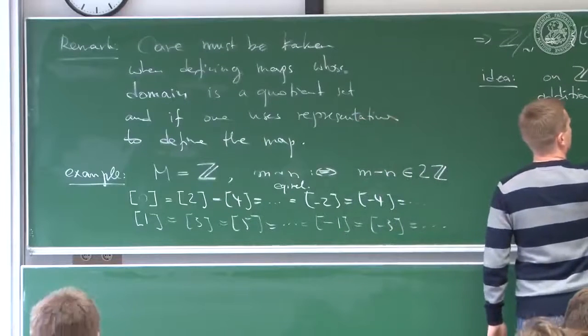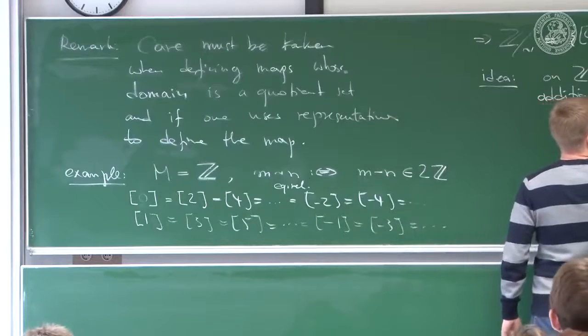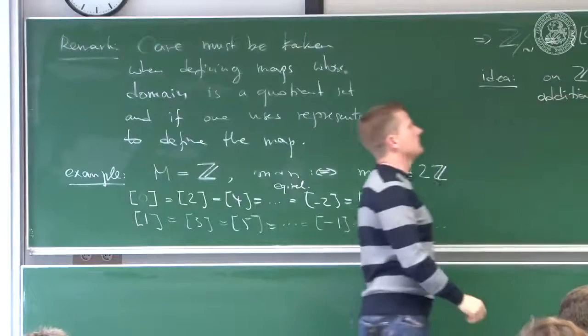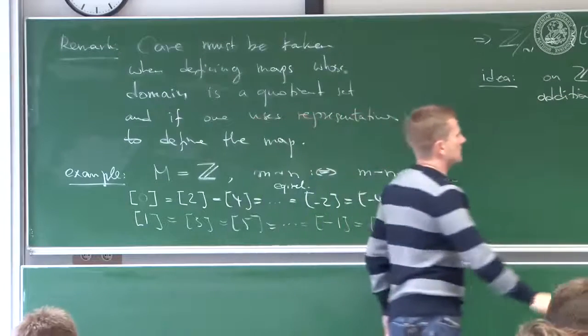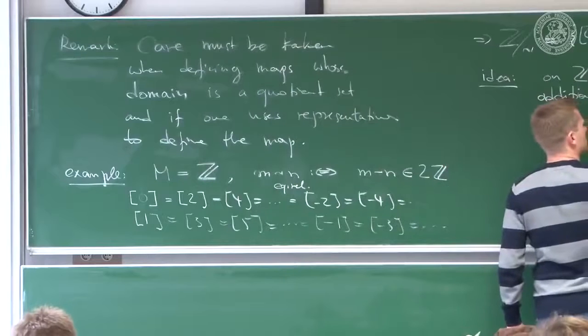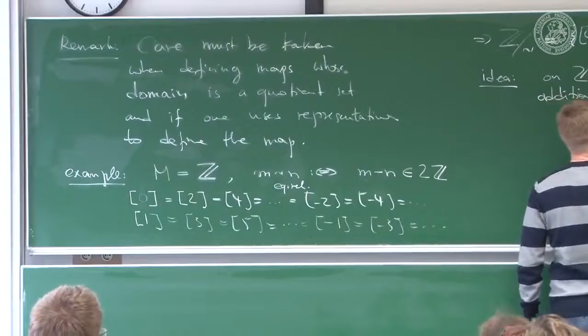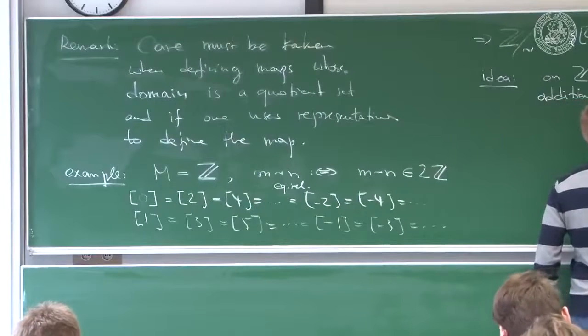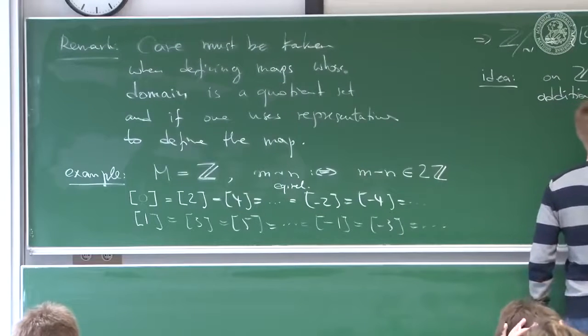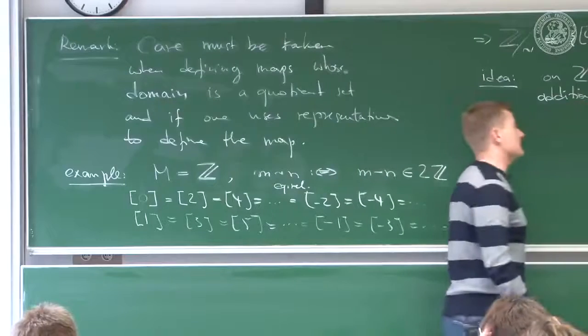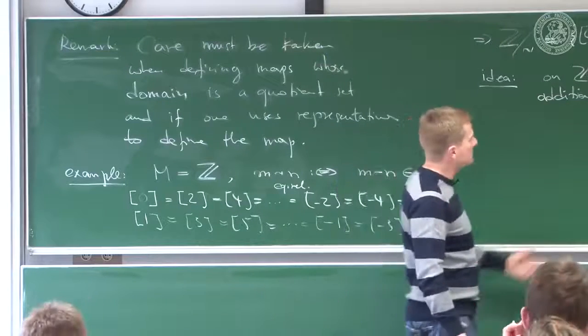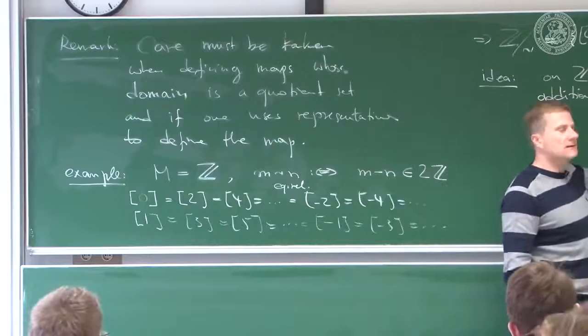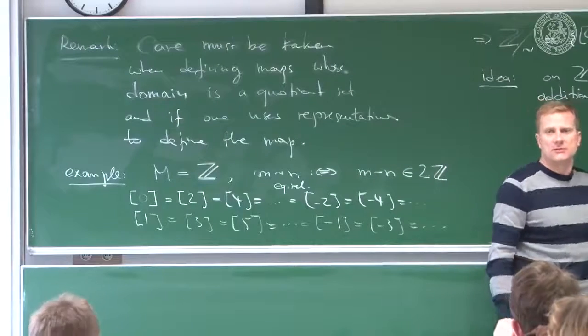It takes two integer numbers and maps them to an integer number. And this Cartesian product of two sets is actually the set of all ordered pairs of integer numbers.